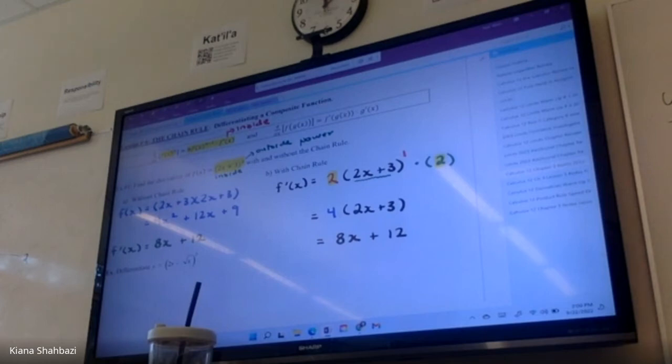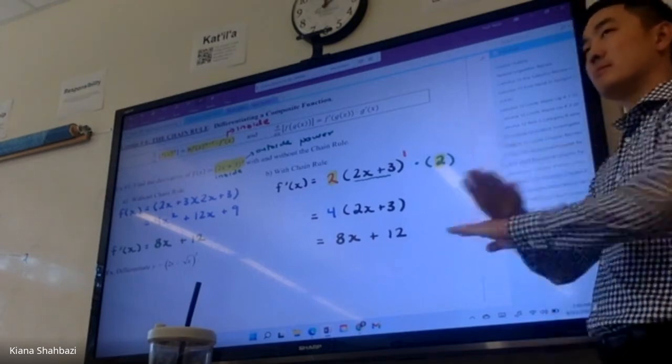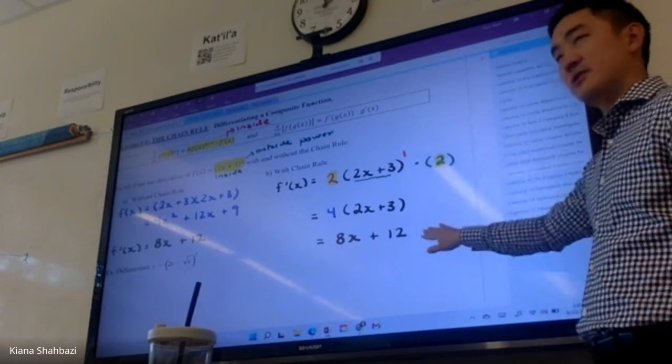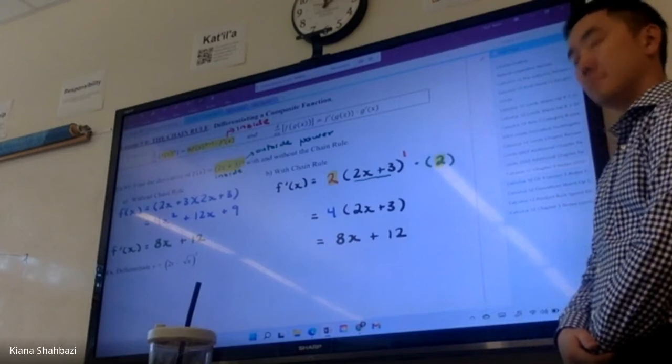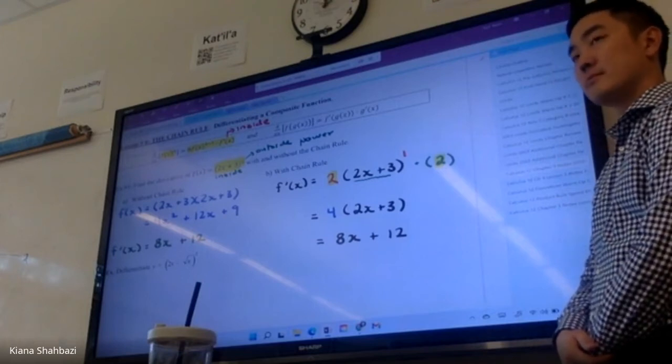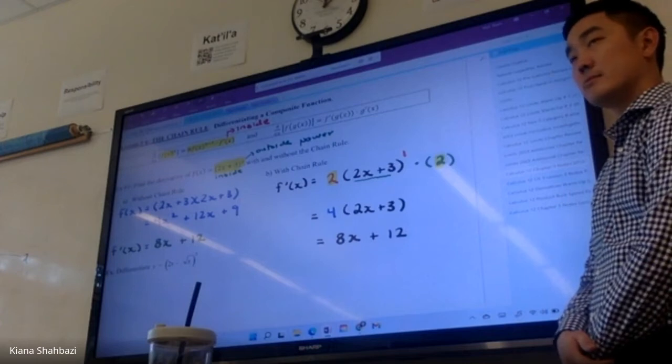So this right here is the derivative. Yes, the 8x plus 12. So you only use the chain rule to find the derivative. You can't use the derivative to go back through the chain. But you can plug in something.